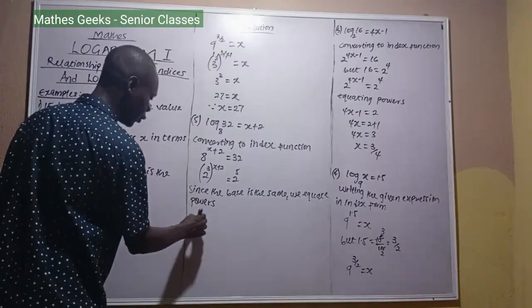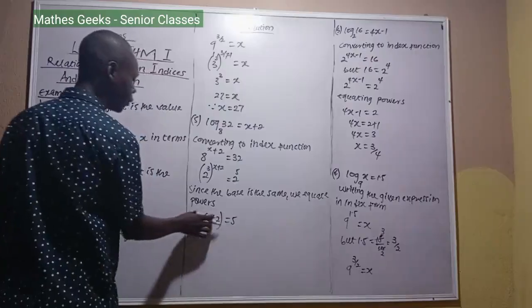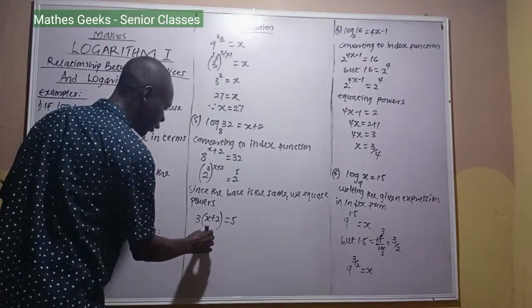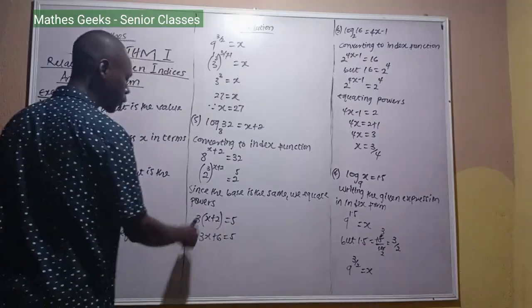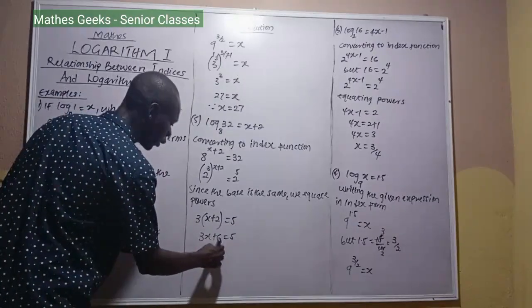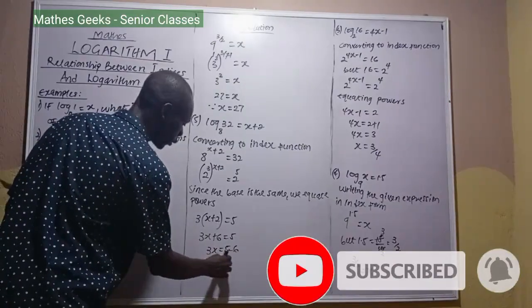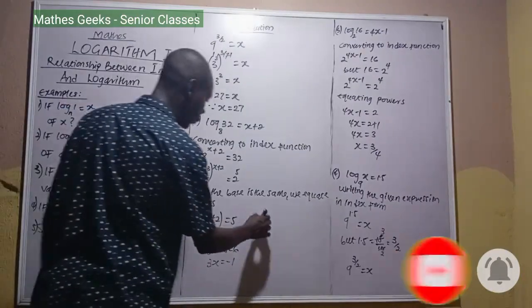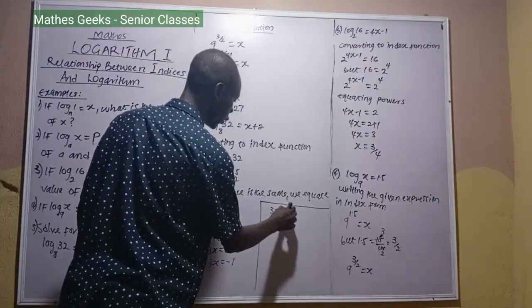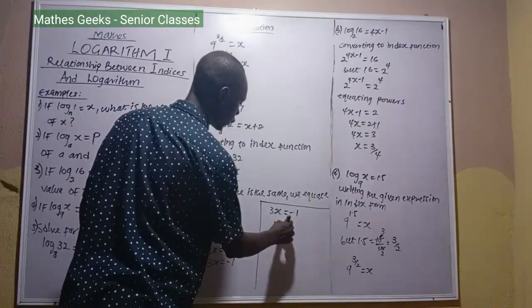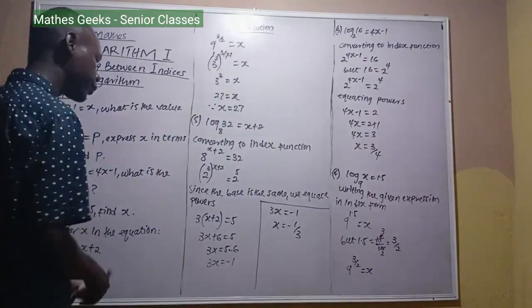This will give us 3x plus 2 equal to 5. 3x is 3 times x, so 3x equals 5 minus 6. 3x equal to minus 1. So x equal to minus 1 over 3. Final answer.